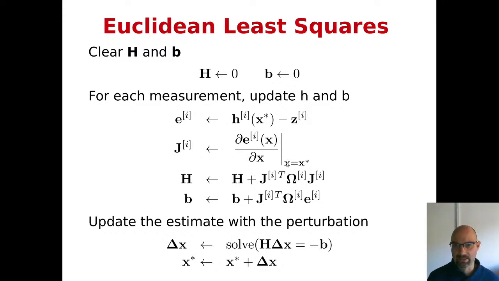Importantly, both error and Jacobians are obtained by evaluating the prediction and the Jacobian at the current optimum x star, and then we calculate our contribution to the H matrix and the B vector, and then we calculate the perturbation over the state that would make our quadratic approximation better by solving this linear system, and we finally apply this perturbation. Now, remember that in order to solve a linear system, delta x should be Euclidean, right? And I will tell you more. In order to construct the linear system, E should be Euclidean.